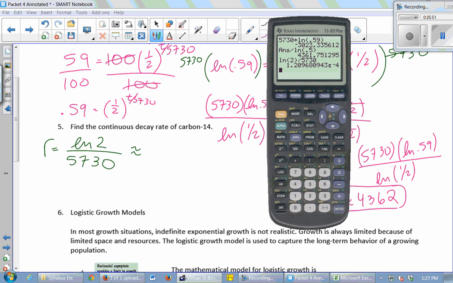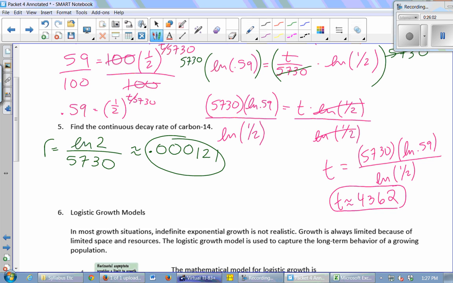So I get approximately 0.000121, or as a percentage, 0.0121%. It comes out as a decimal, and then you can convert it to a percent if you want.